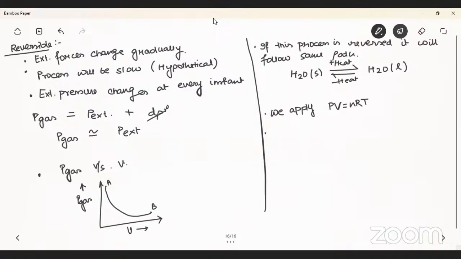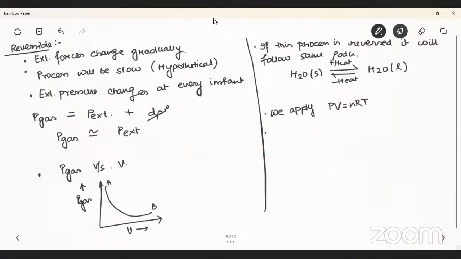In class 12th, I will explain why I have applied PV is equal to nRT or why I am not applying it. Since in class 11th, ma'am told that we can apply PV is equal to nRT for a reversible process, that is the reason ma'am is solving that particular numerical using PV is equal to nRT.